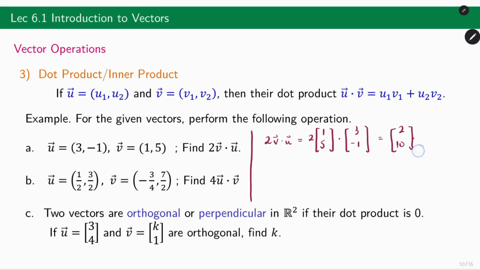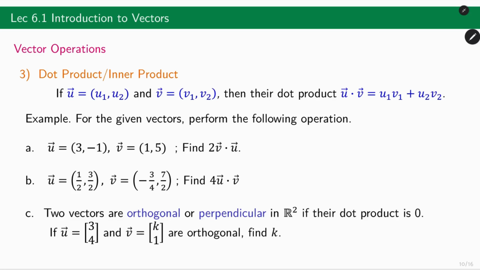Take note that when getting the dot product, we must write the symbol for it so that your readers will know that you are performing that product here. 6 minus 10. Is that correct? So 2 times 3, that is 6. And then 10 times negative 1, negative 10. We have negative 4.